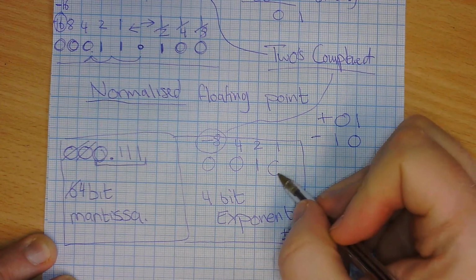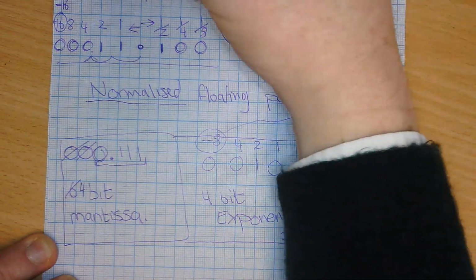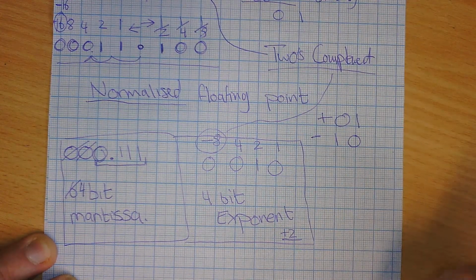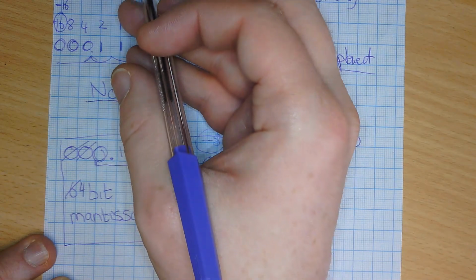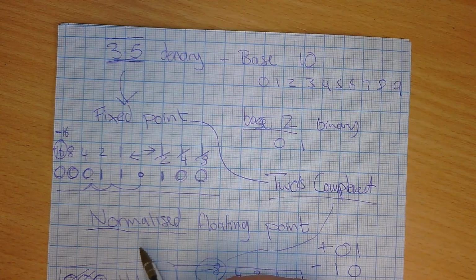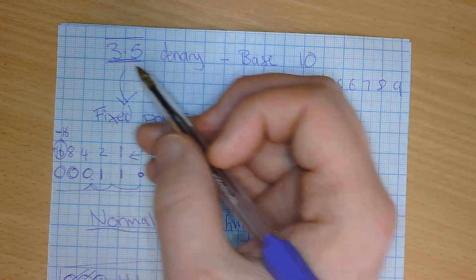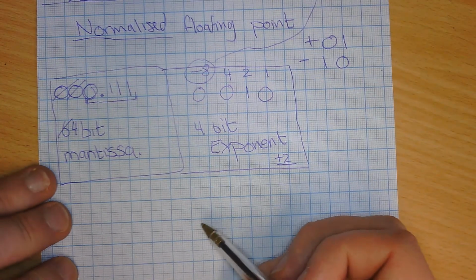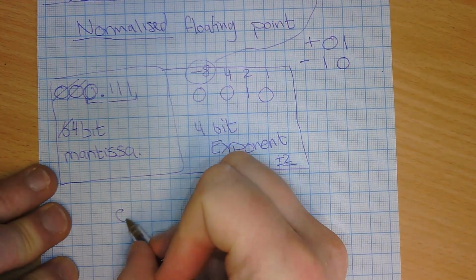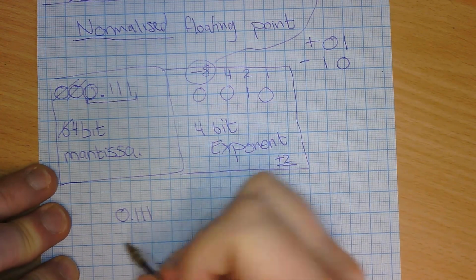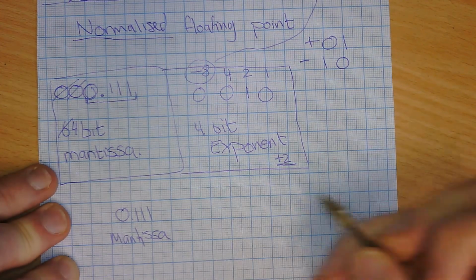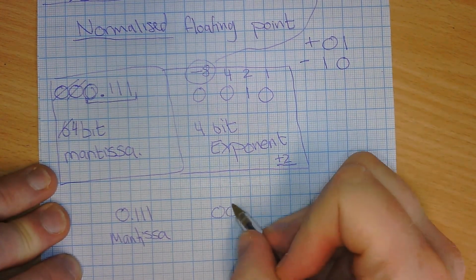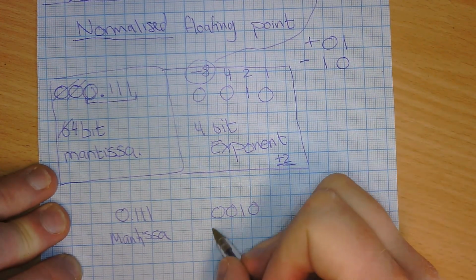That leaves no remainder. So I've gone from 3.5 in denary to the fully normalized floating point version: 3.5 positive denary is, fully normalized, 0.111 for the mantissa and 0.010 for the exponent.